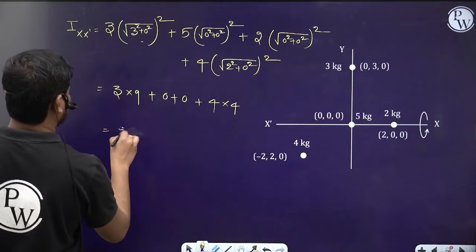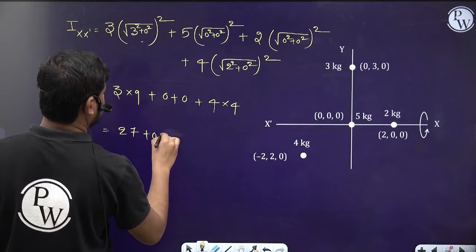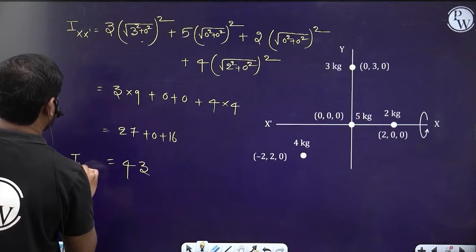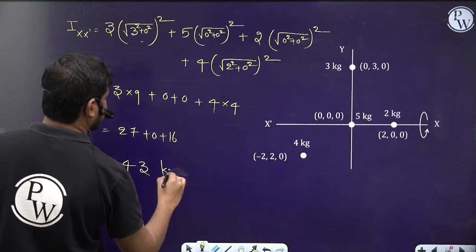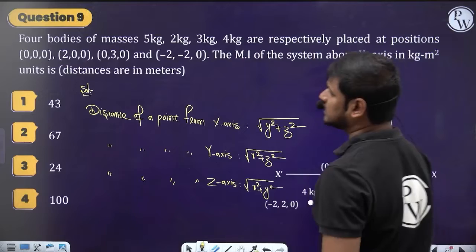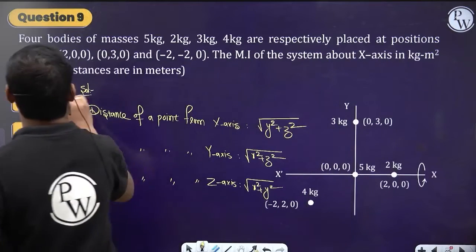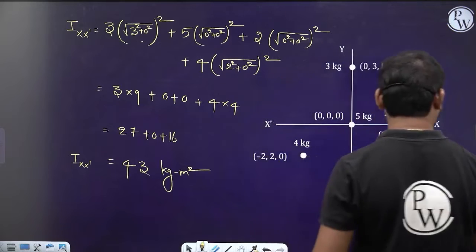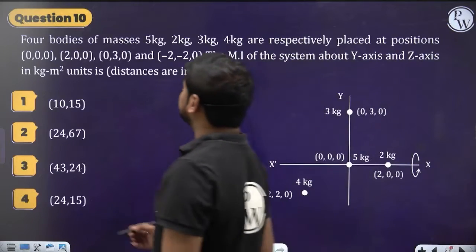It comes out to be 27 plus 0 plus 16, which is 43. So the total moment of inertia about x dash is 43 kg meter square. Clear? The correct option is option 1. Understood, guys? Let's take one more question.